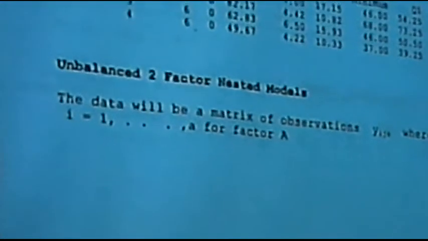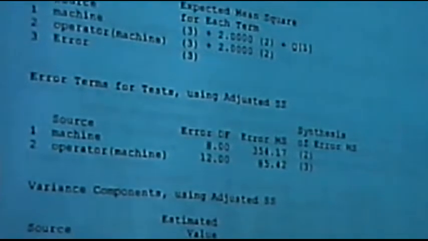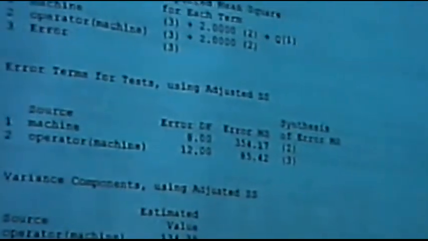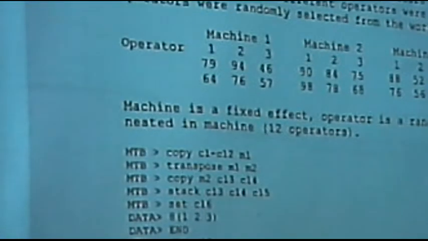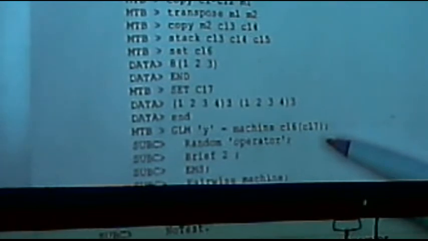So summarizing then this Minitab example, what you should see here is that this is kind of easy stuff. We need to recognize that we have a nested situation. And we tell Minitab that's what's going on with this notation here of the parentheses. So once we've done that, Minitab is cued to say one of these variables is nested in the other one, and which way it goes is indicated by the notation there.